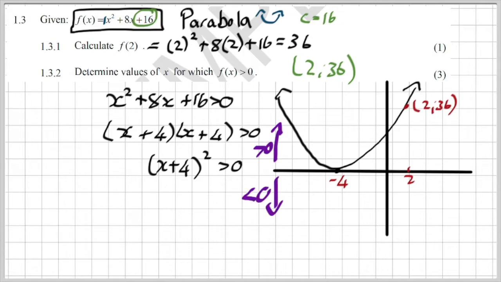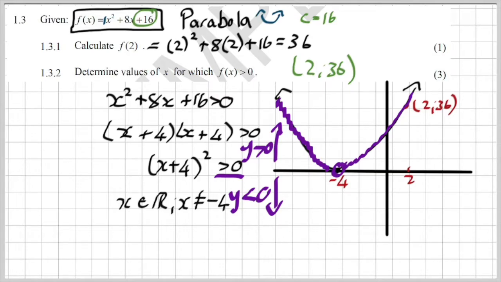So I'm looking at both legs, except where x is equal to -4, because I don't want equal to 0. In other words, x can be any number, but not -4.